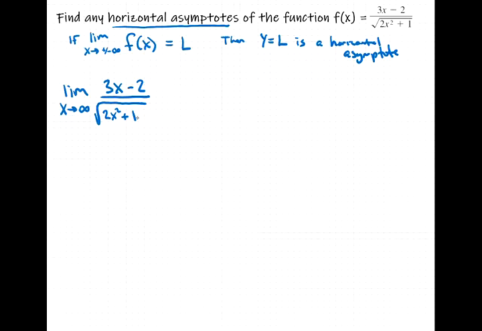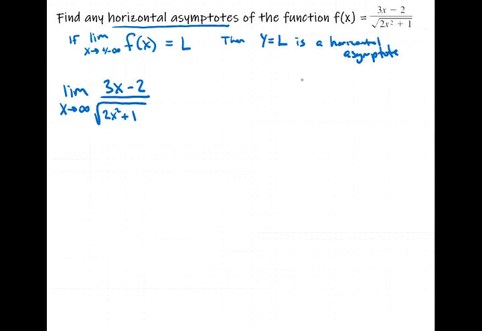Now, what we want to do is use the fact that as the denominator of a fraction gets larger and larger, infinitely large, the overall value of that fraction gets infinitely small.